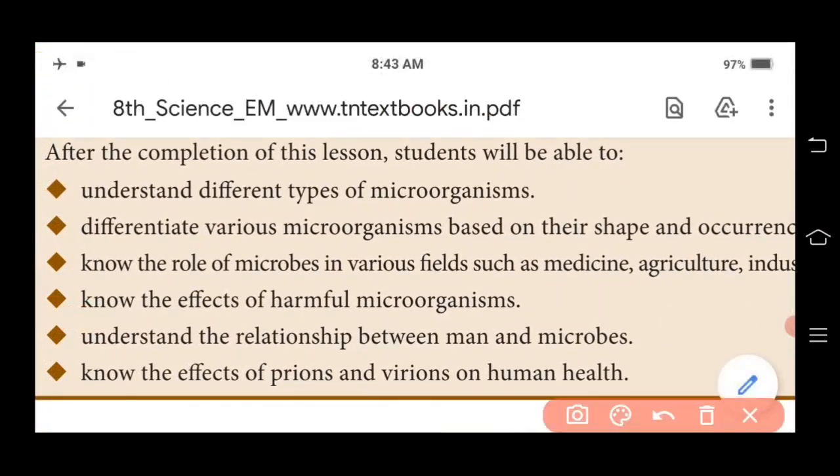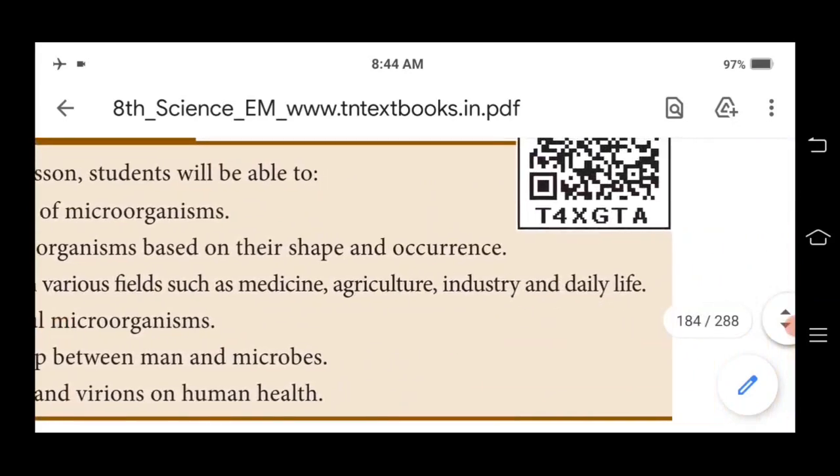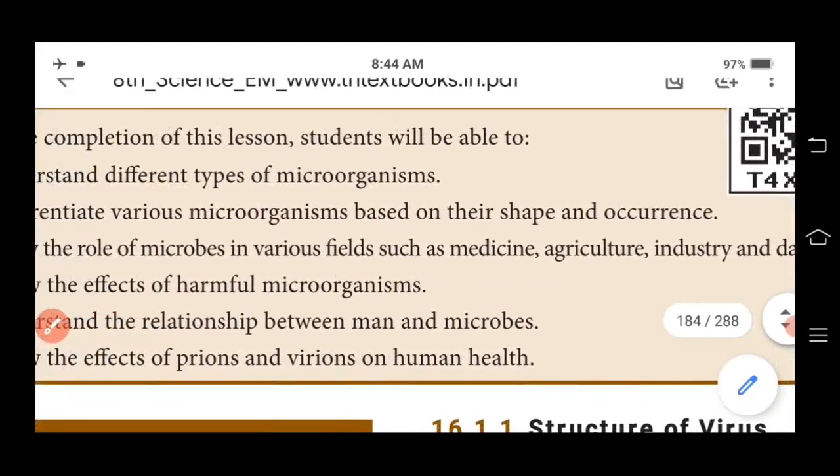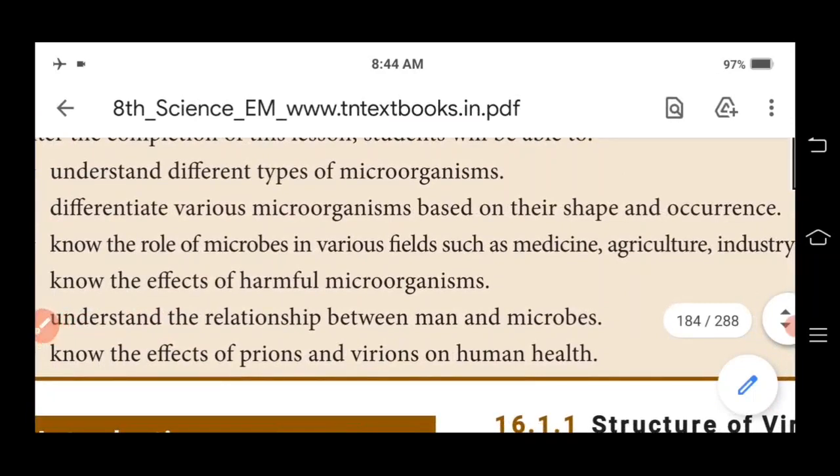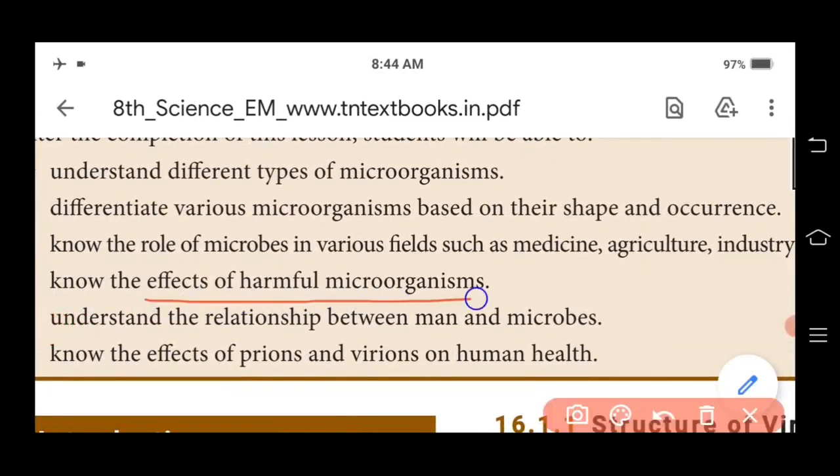the role of microbes in various fields such as medicine, agriculture, industry and daily life, and then the harmful effects of microorganisms, and then the relation between man and microbes, and then the effect of prion and virion on human health.